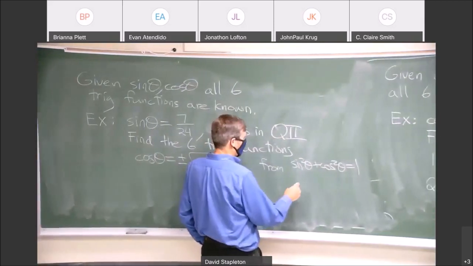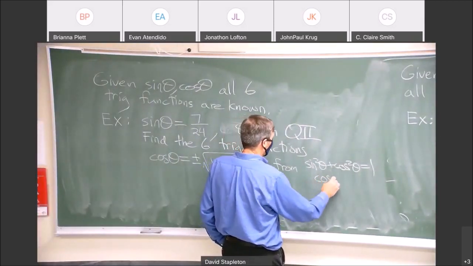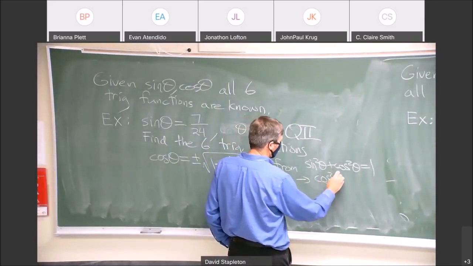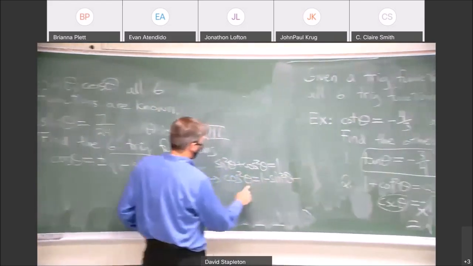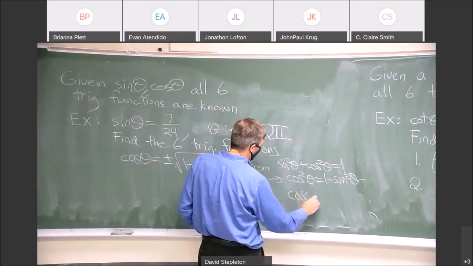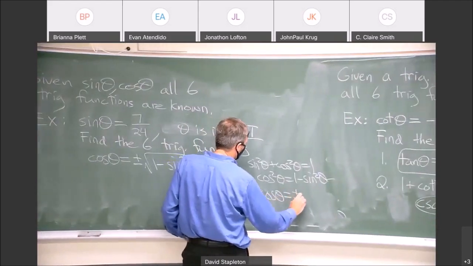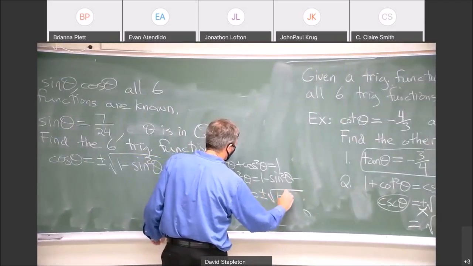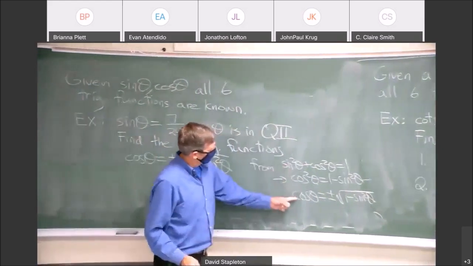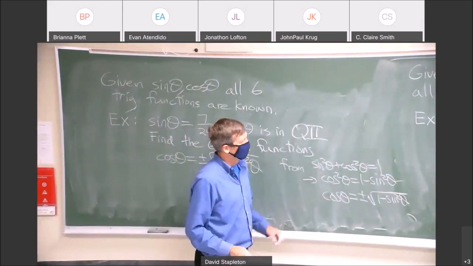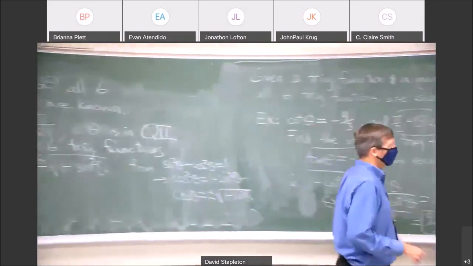If I subtract sine squared, then I have cosine squared equals 1 minus sine squared. And then I square root it. If cosine squared is that number, then cosine must be plus or minus the square root of that number. That's what it is. It's the Pythagorean identity solved for cosine. This is extremely common in use.